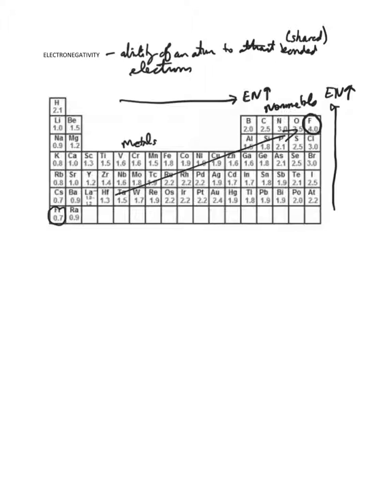And so the two extremes would be a pure covalent bond, where the electrons in a bond are evenly shared.